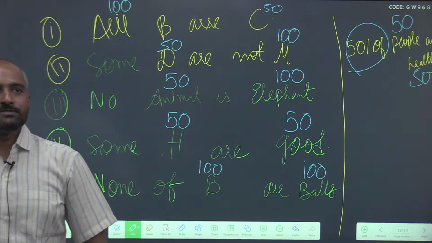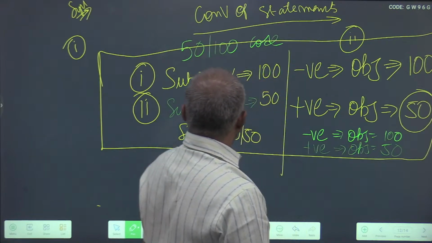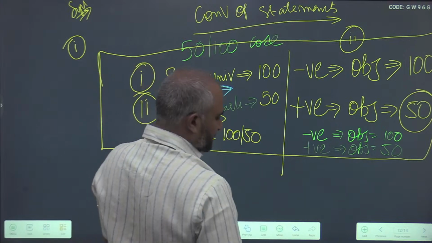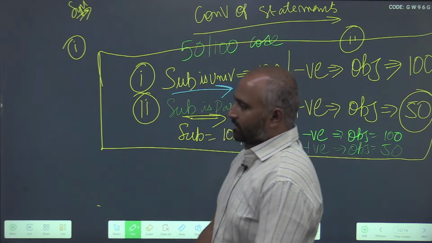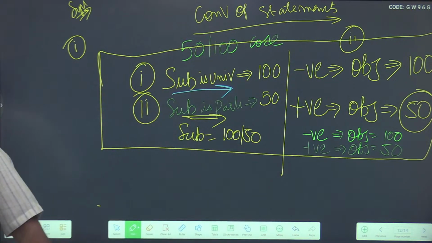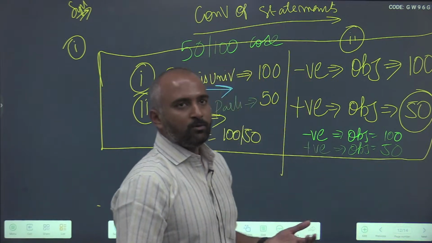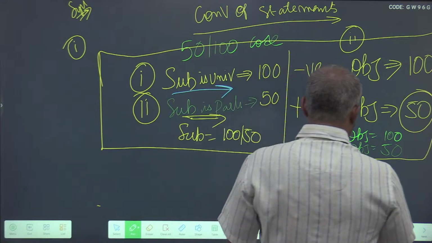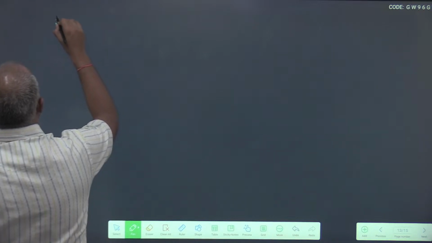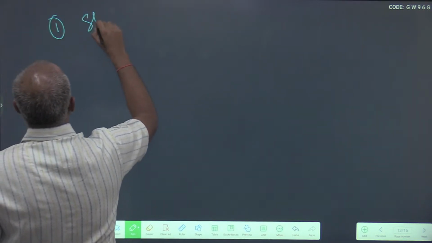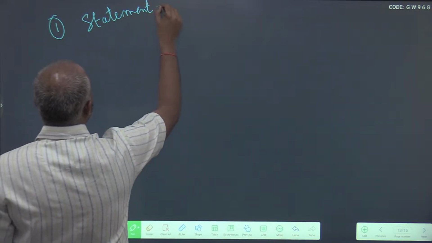Any doubts? Simple enough, right? Just based on these rules: subject is universal, 100. Subject is particular, 50. In the same way, if the statement is positive, object is 50. If the statement is negative, object is 100. So we have learned coding the statements.